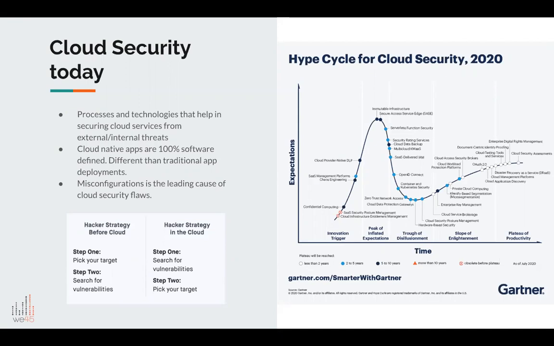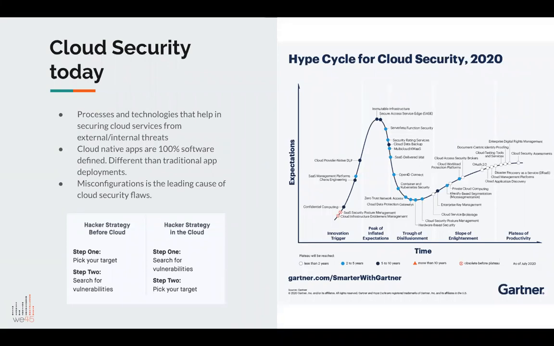Across the 5 different phases in which they talk about the trends that define the industry, on the very right you have cloud security assessments and cloud security testing tools and services, which have stabilized from a standpoint of industry-wide acceptance.